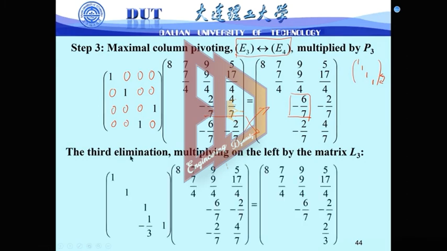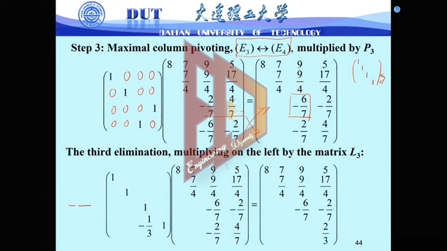Okay, for the third elimination, that means we need to multiply L3 from left side. Again, what is L3? Lower triangular matrix with ones on the diagonal, right? There is only one multiplier, minus ratio.